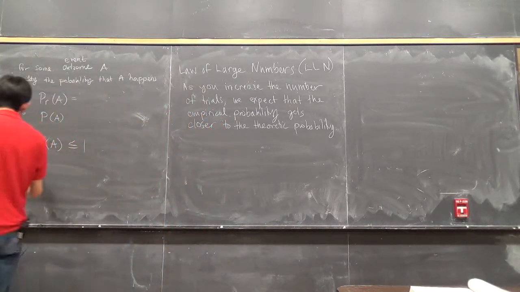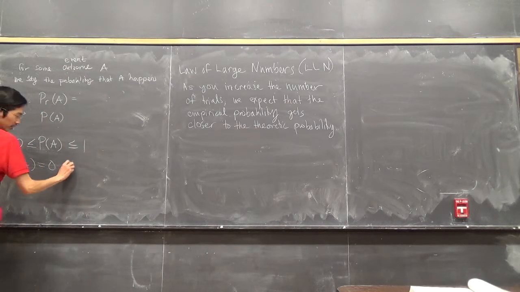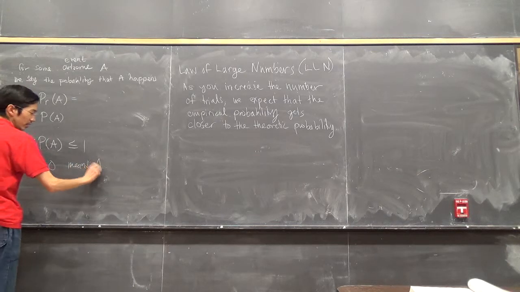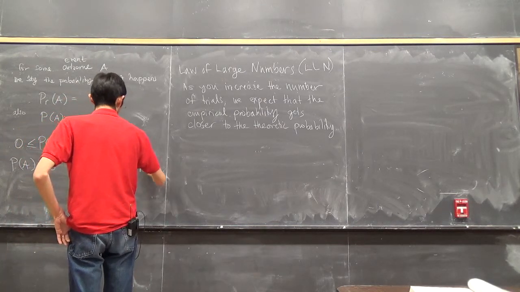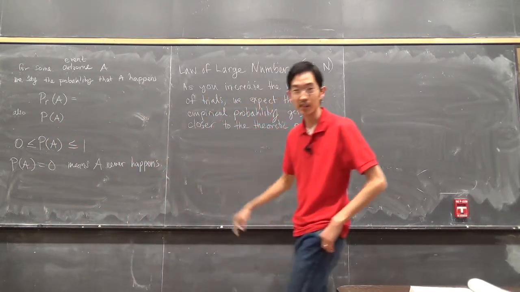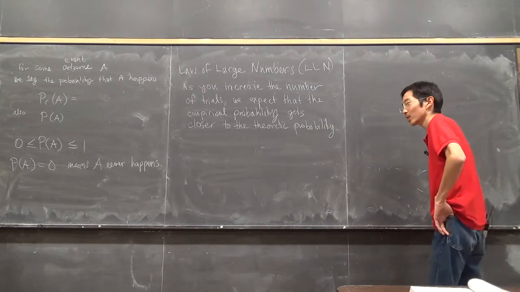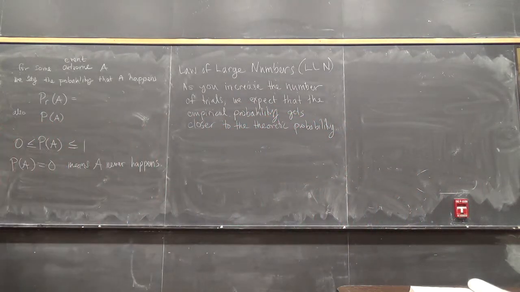If the probability of A is equal to 0, it means A never happens. Okay? And this is a literal never, okay? Not in our day-to-day speech.